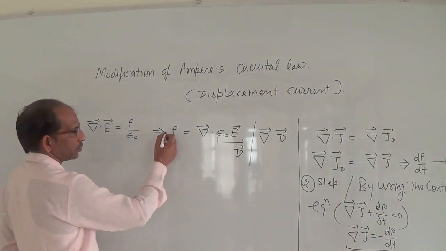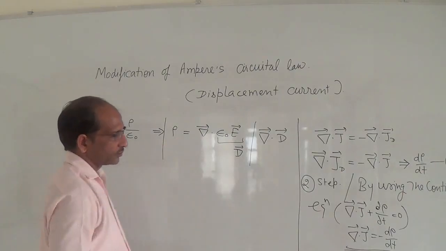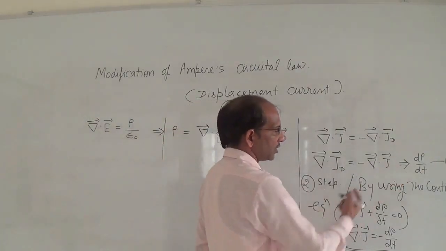So now I have to put the value of this rho in equation number 3.